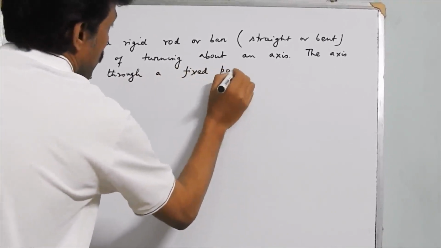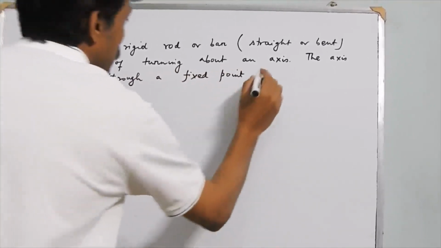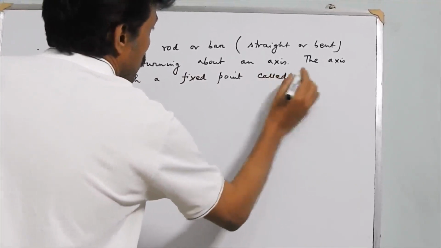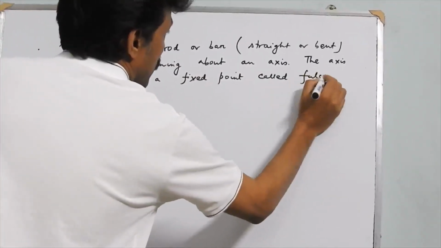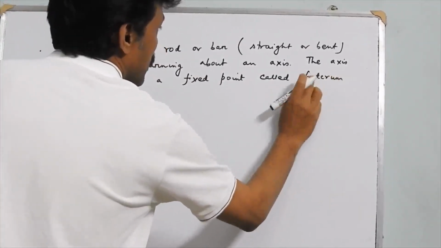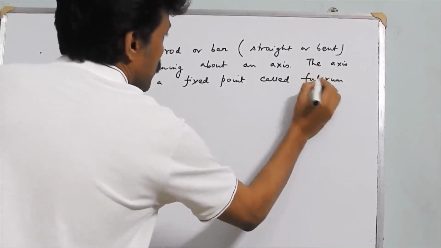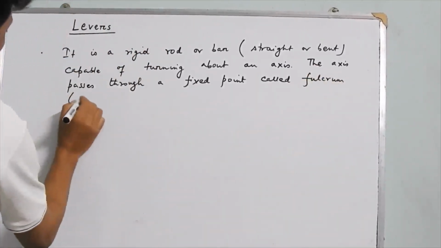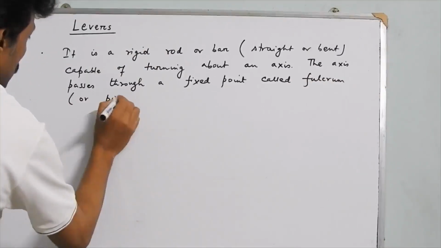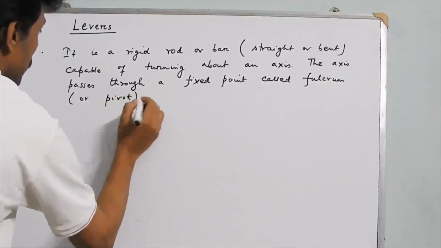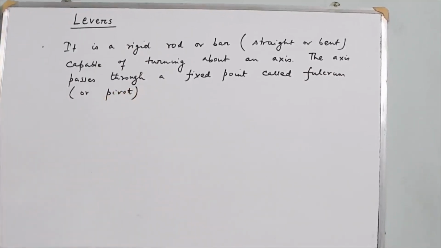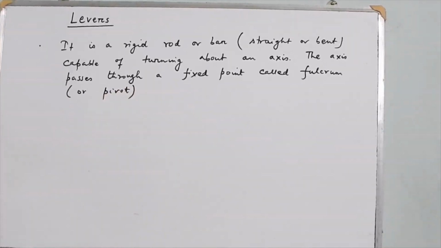The fulcrum, or you can call it the pivot, which is also popularly called pivot. Sometimes there are hinges present at the position of the fulcrum also.